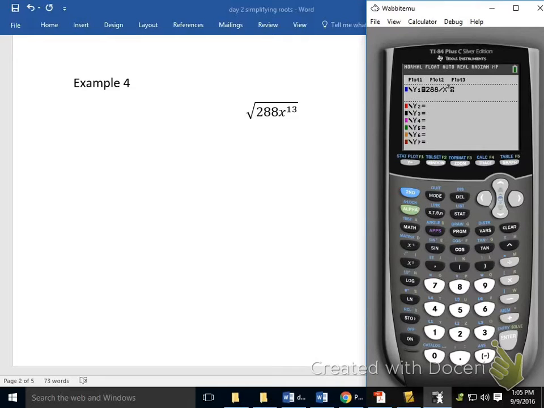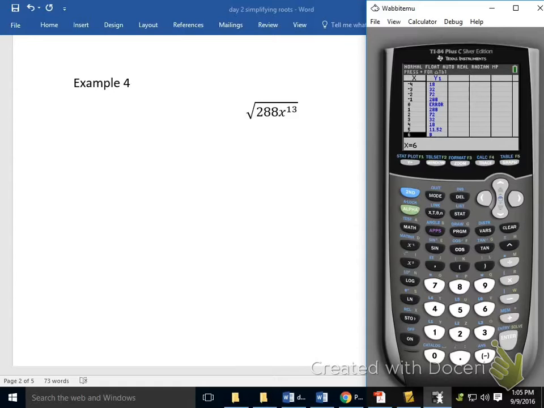When you go to your table, second table, you will see possible answers pop up, such as 1 times the square root of 288, 2 times the square root of 72. But you're wanting the one that's furthest down the table that works out evenly.